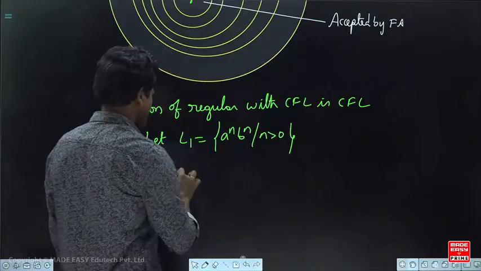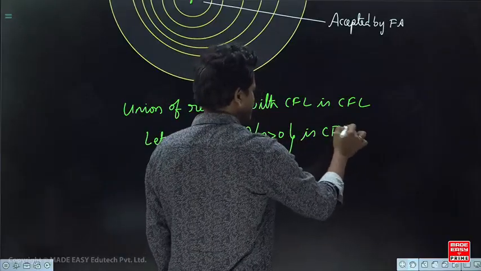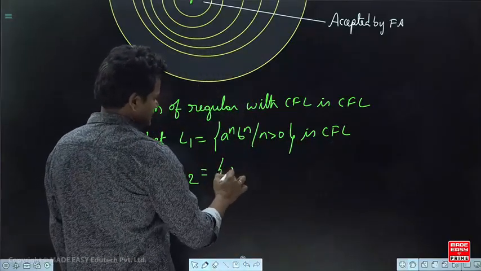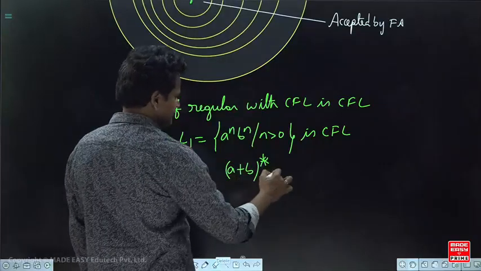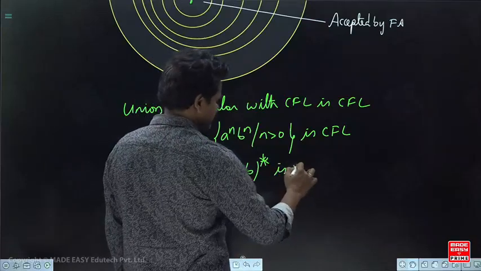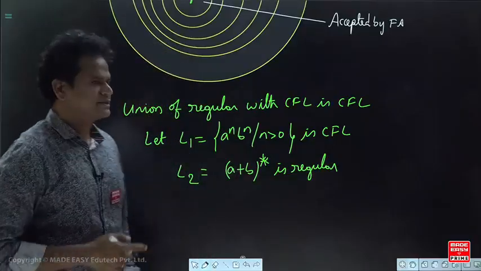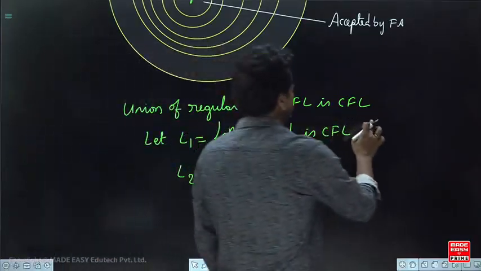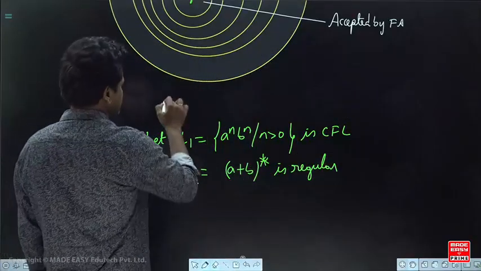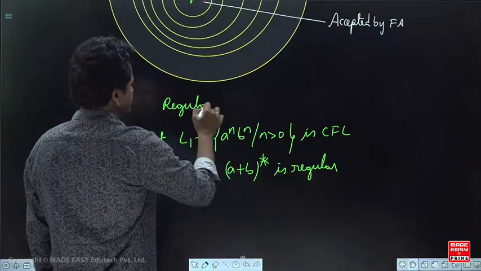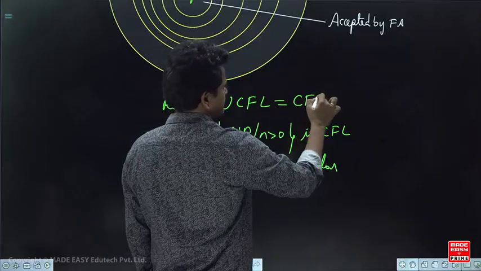It is CFL. Now what is (a plus b) whole star? It is regular. So one is CFL, the other is regular. Regular union CFL is CFL. This is fixed, no doubt in this.